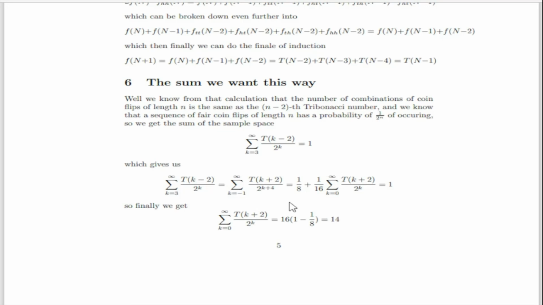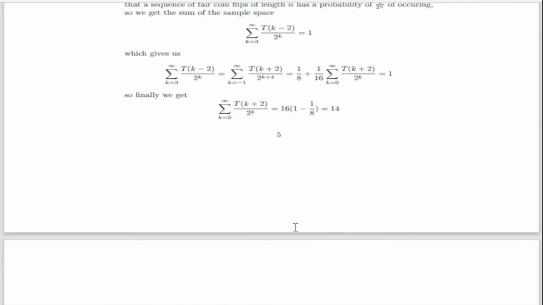So this is what we got here, which still equals 1 because that's still the sample space. Finally, we can subtract 1/8 from both sides and multiply the whole thing by 16 to get the sum we are looking for, which gives us 16 times 1 minus 1/8, which equals 16 times 7/8, which equals 14. That is our sum.